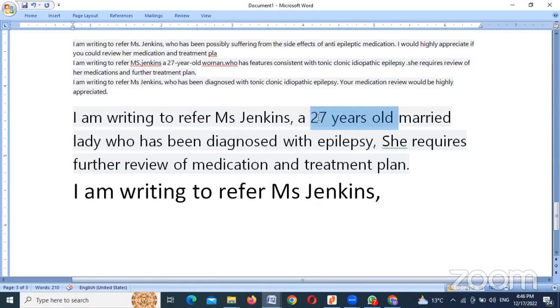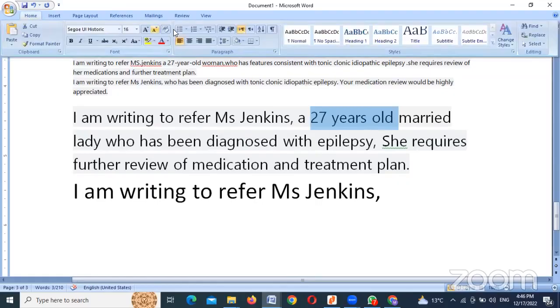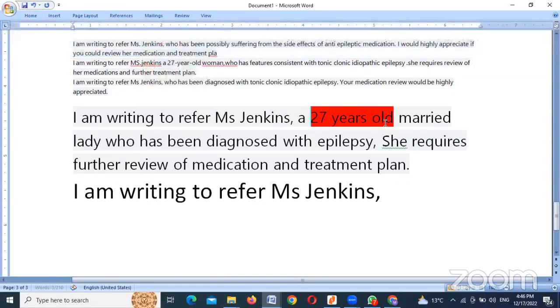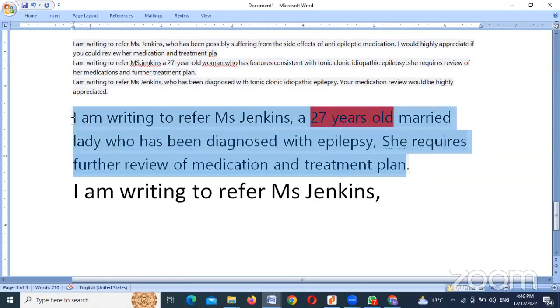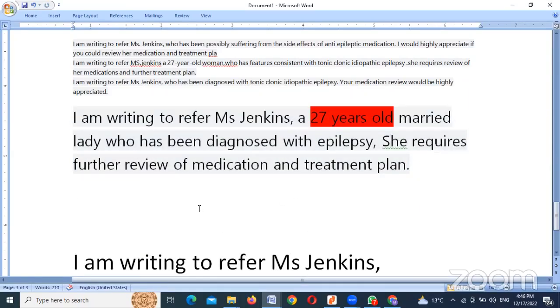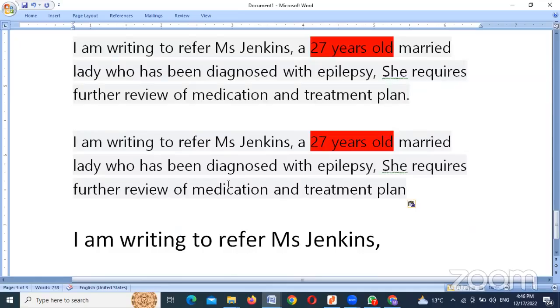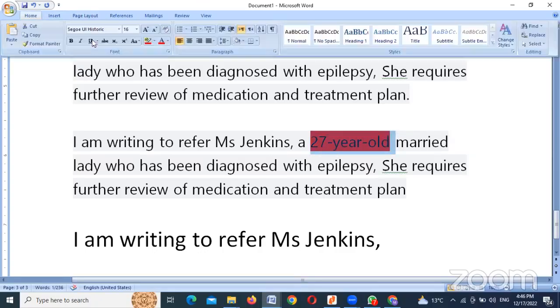First of all, there is a mistake. We need hyphens. When this is followed by a married lady, we need to use hyphens. Just let me copy here. So we need hyphens and year should be without S like this. A 27-year-old married lady.